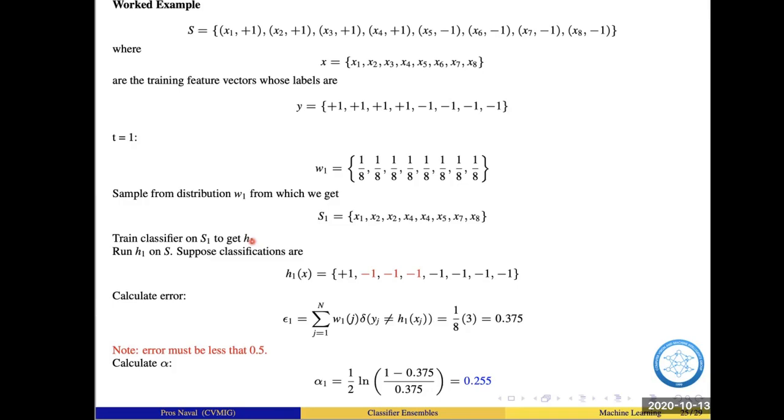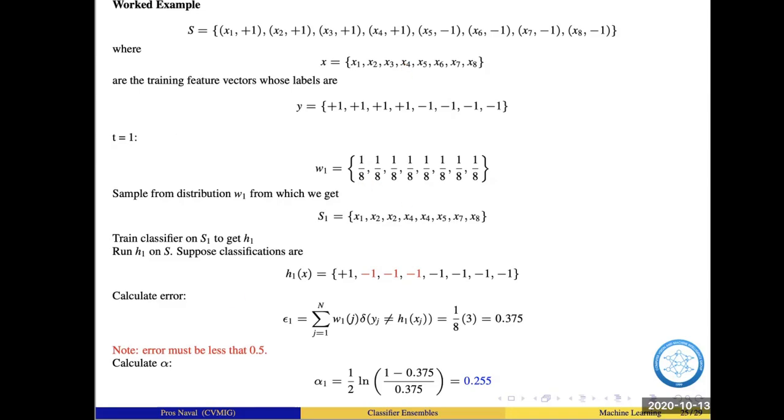H1 made mistakes on the second, third, and fourth instances. Therefore, W2 in the next iteration should focus on these errors. So we expect that samples 2, 3, and 4, x2, x3, and x4, should be chosen with greater probability than 1/8.